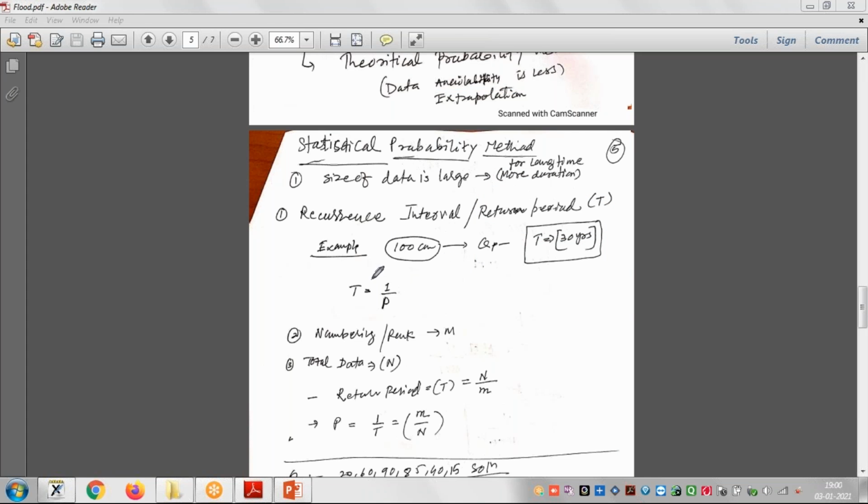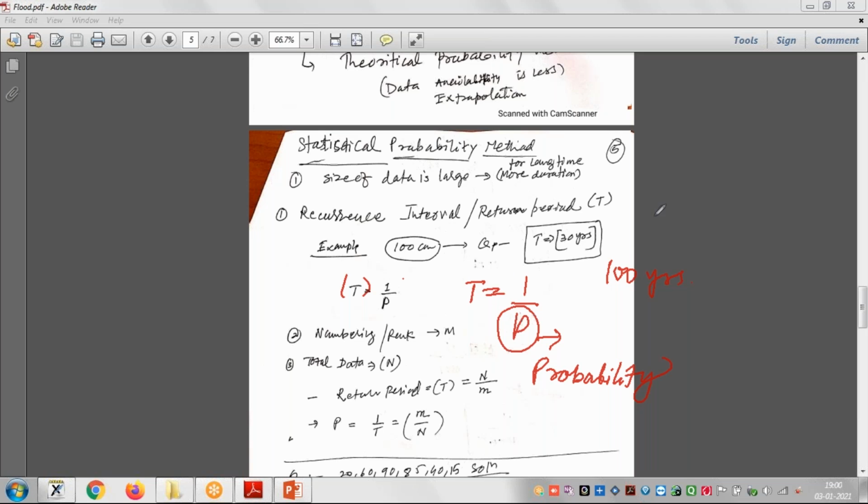And it is denoted by T, right? And here T is equal to 1 upon P. What is P? P is the probability. Suppose a flood may come after 100 years, it means the probability is very less.